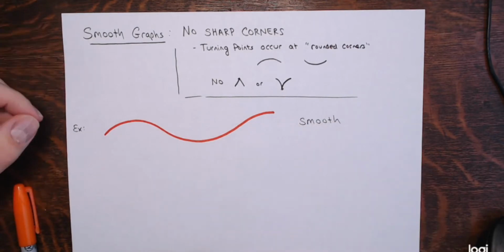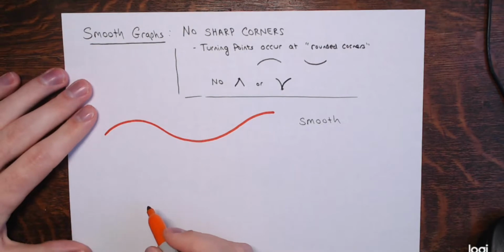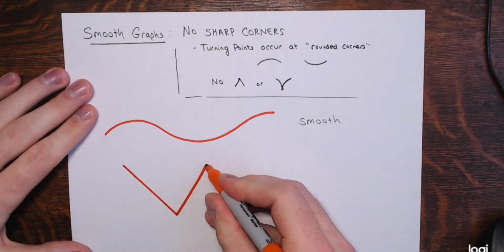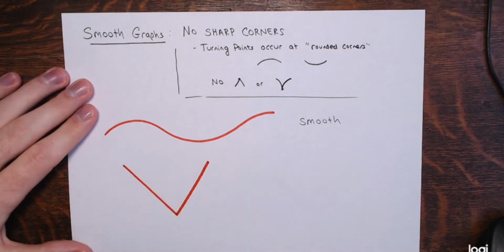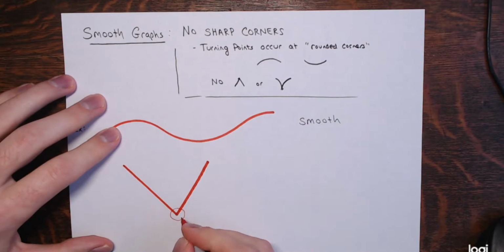That is a smooth graph. Whereas a graph like this, like maybe remember the absolute value function was a V-shaped graph. See, there's this sharp corner in the graph, a sharp turn.